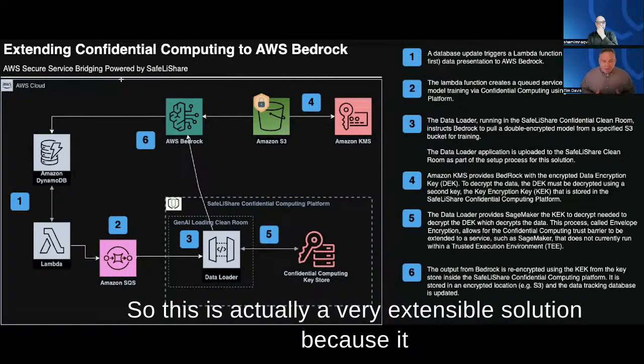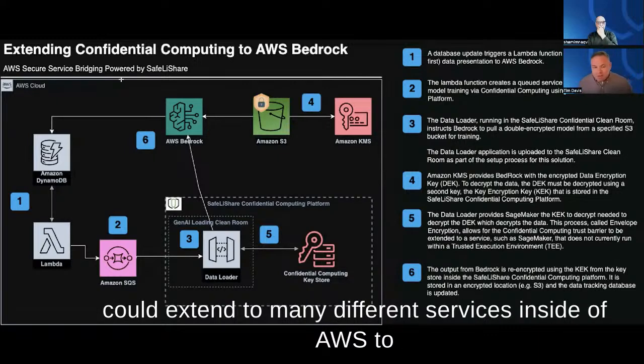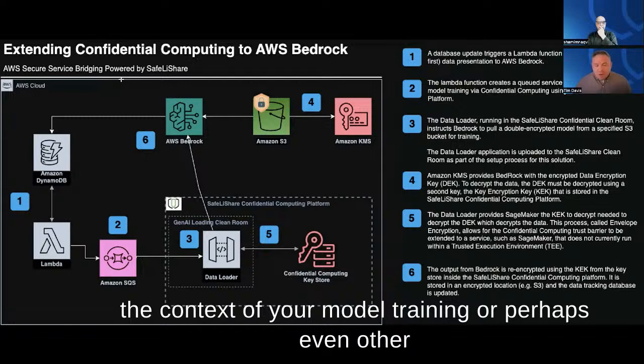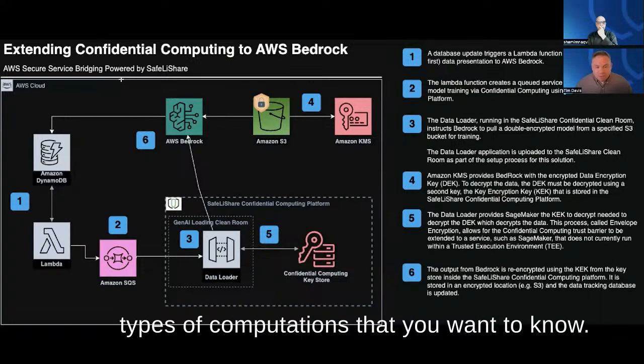So this is actually a very extensible solution, because it could extend to many different services inside of AWS to accomplish whatever it is that you need to do within the context of your model training, or perhaps even other types of computations that you want to run.